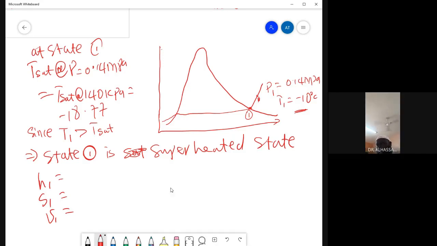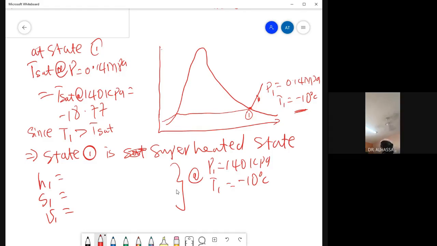We go to the superheated table at P1 equals 140 kilopascal and T1 equals minus 10 degrees Celsius.